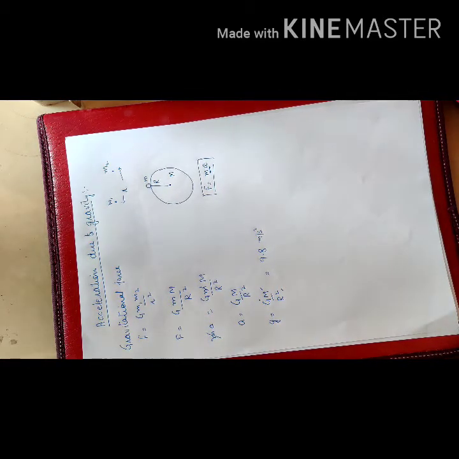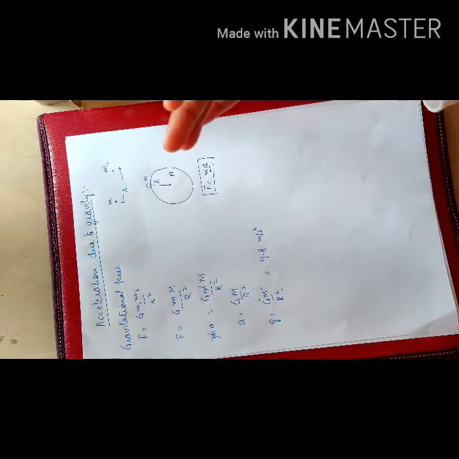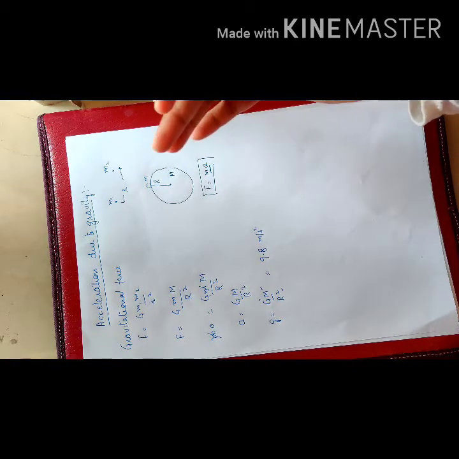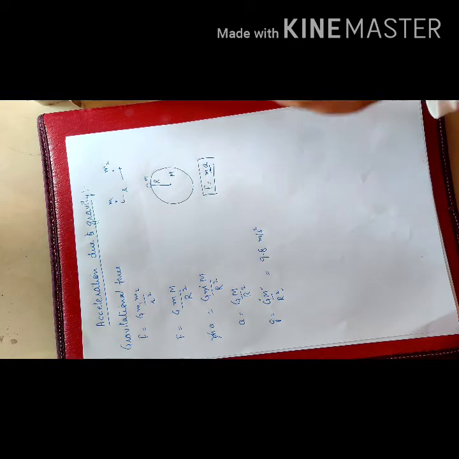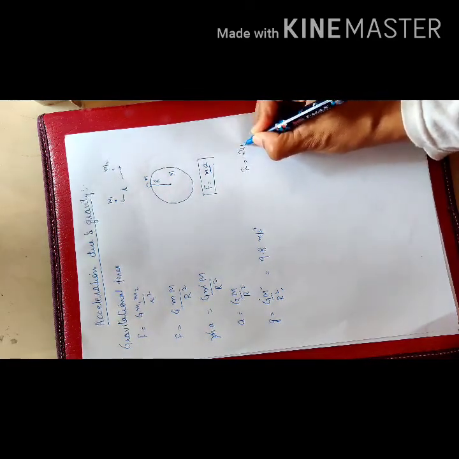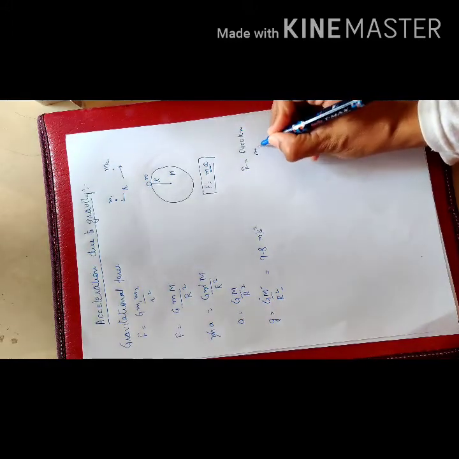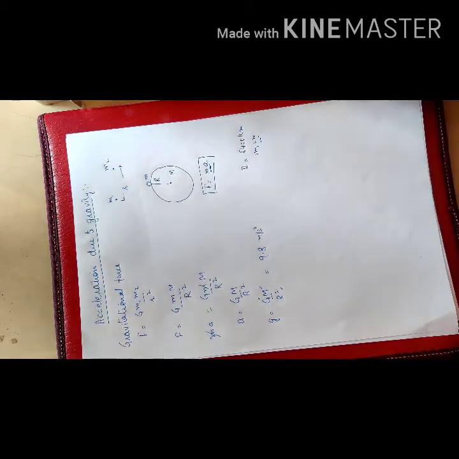Like if a stone is a little above the surface, like 1 meter, 2 meter, it can be neglected because the radius of the earth is 6400 kilometer, and a distance of 1 meter or 2 meter is negligible compared to this distance.